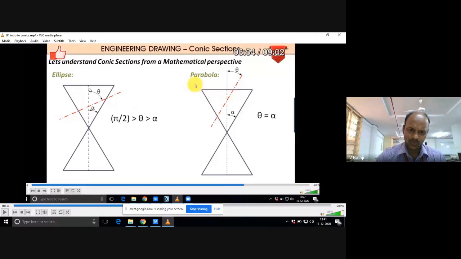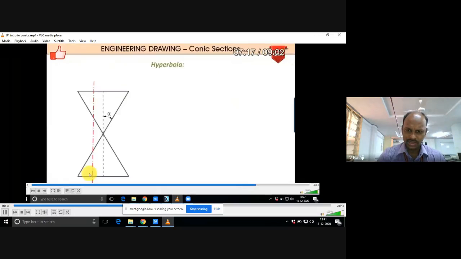Similarly here, theta is greater than alpha. Moreover, one more important thing is that theta is also greater than 90 degrees. In this way, you will get different conic sections.